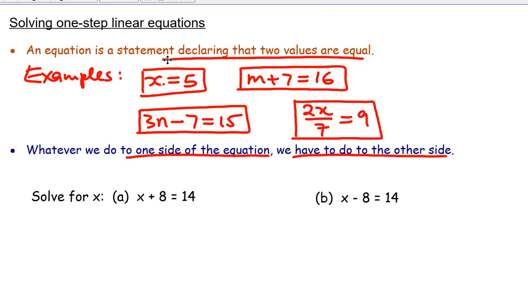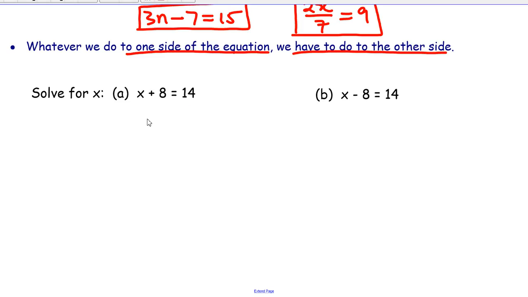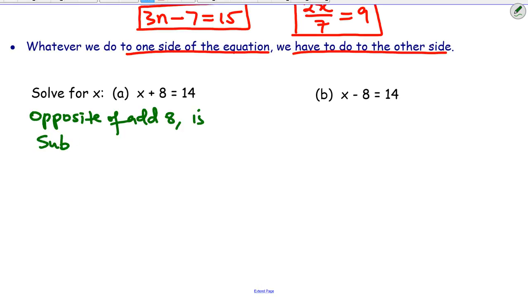Now, I'm going to explain that by looking at these questions here. In the first equation, x + 8 = 14. What we know here is we are adding 8. So, what's the opposite of adding 8? The opposite of add 8 is subtract 8.